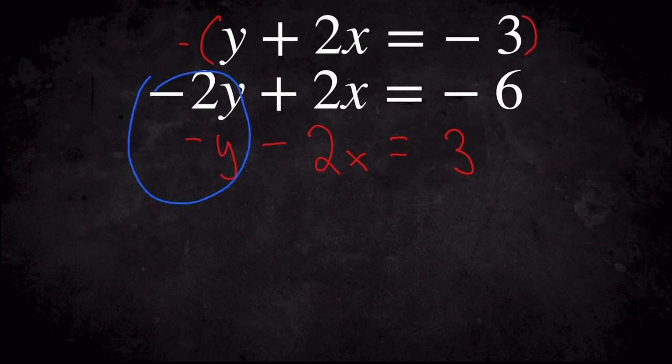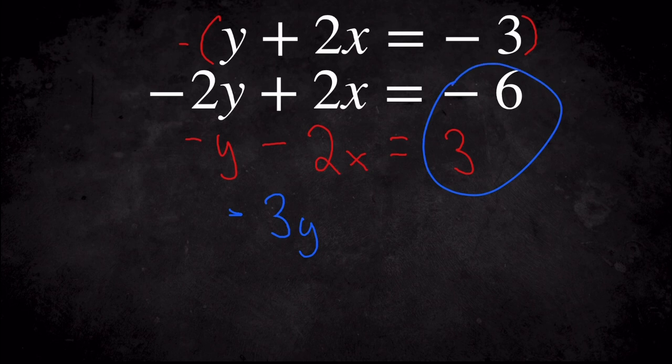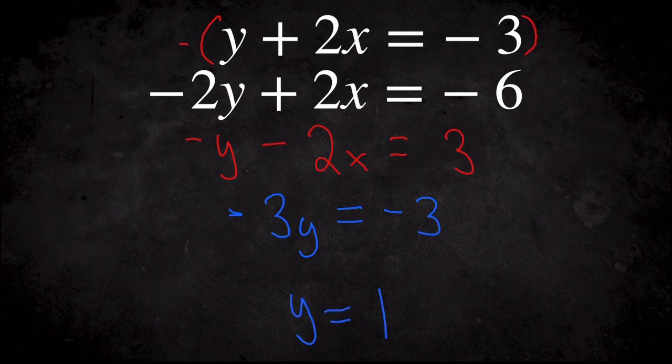Negative 2y with negative y would become negative 3y, and negative 6 plus 3 would equal negative 3. Divide both sides by negative 3, it would become y equals 1.